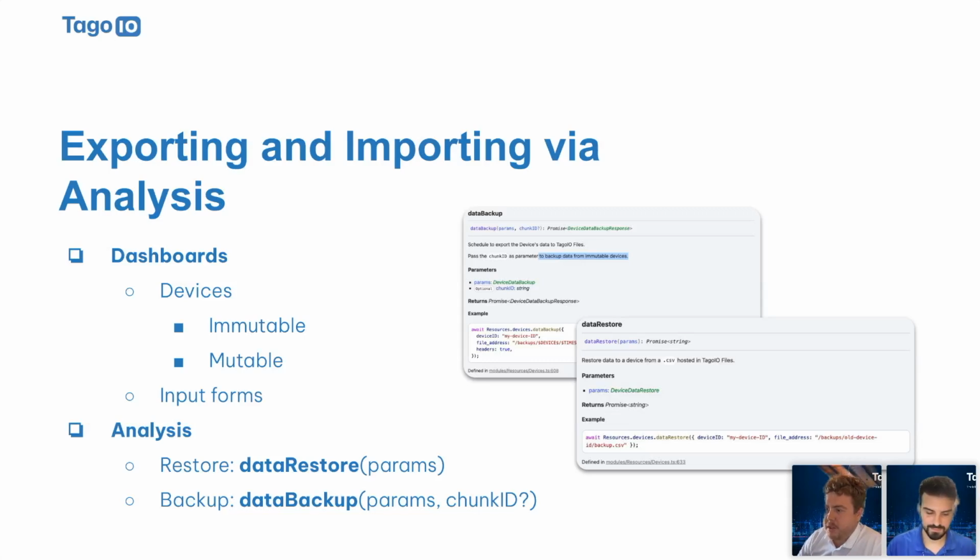So I'm going to be creating an analysis along with dashboards and the widgets that you need to have inside the dashboard to use the analysis. You can do that either with mutable devices or immutable devices. And we'll be using an analysis as well, a pre-analysis in this case.